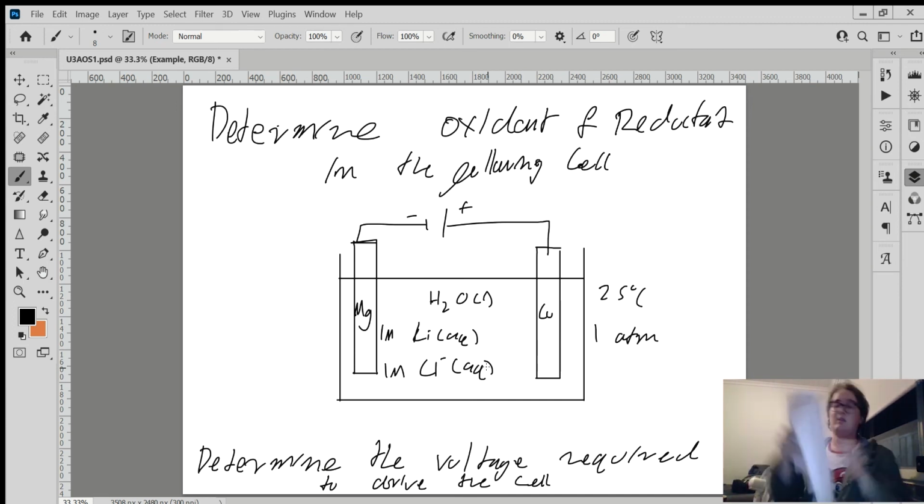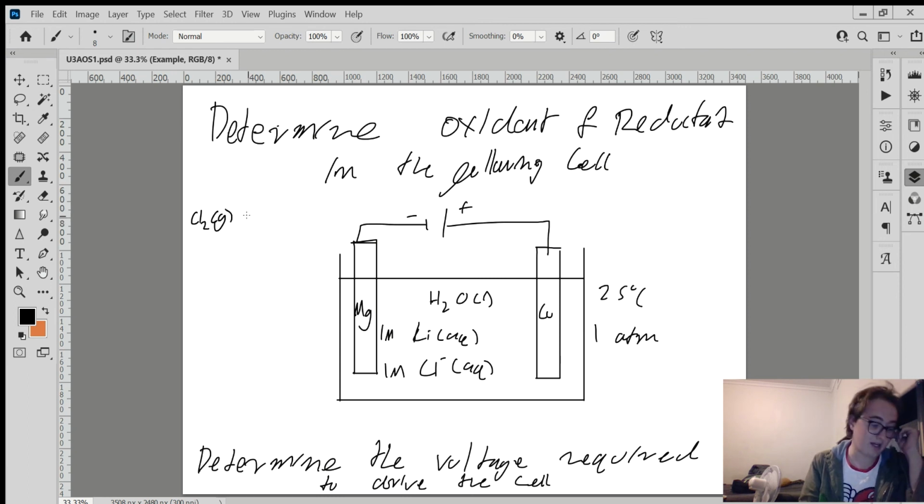So let me just... Okay. So looking at all the species we have in this reaction, there is magnesium. I'll go from top to bottom. So we have chlorine. We don't have chlorine gas, but I'll just write all the reduction equations.